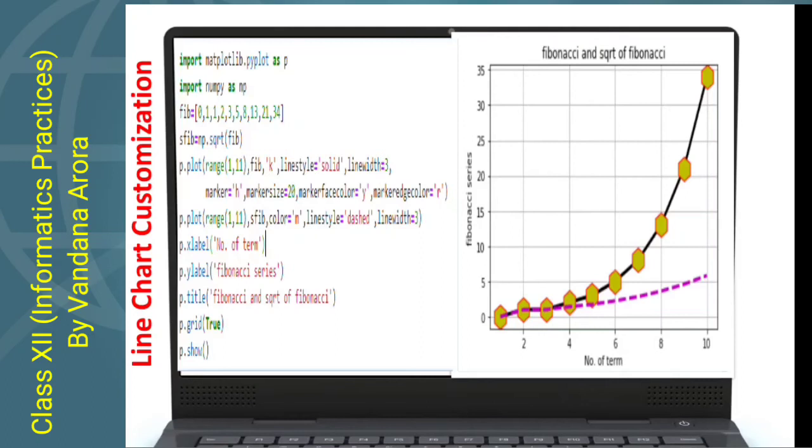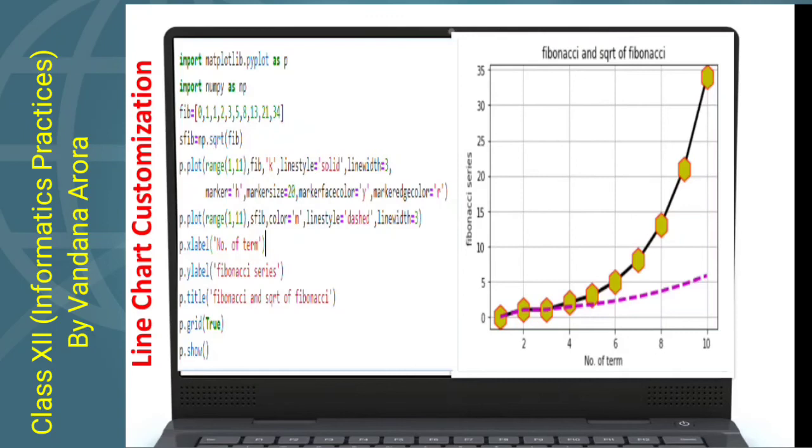You can see in this example I am drawing the chart of the first 10 terms of the Fibonacci series and the square root of the first 10 terms of the series. Two line charts I am plotting here. You can see the code. Fib variable is for the Fibonacci series and sfib for the square root of the Fibonacci series.